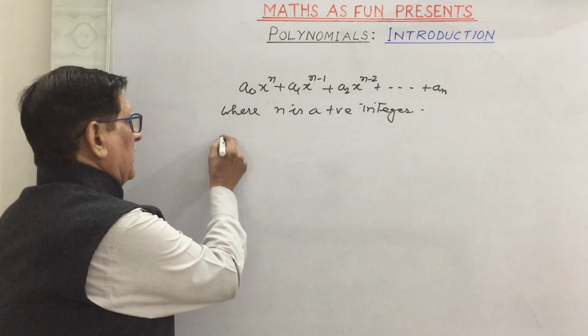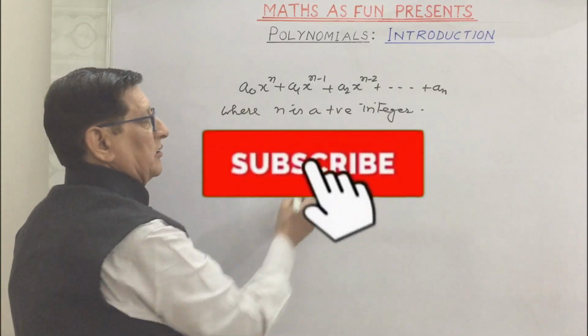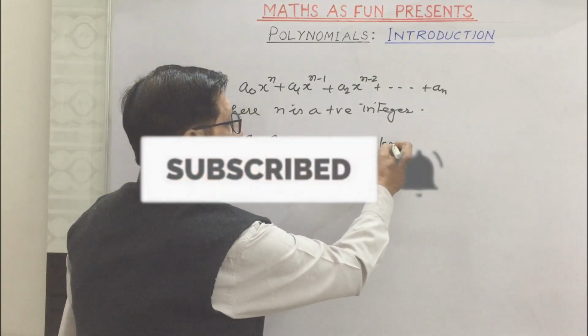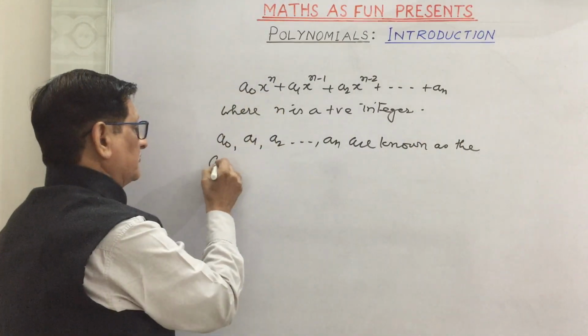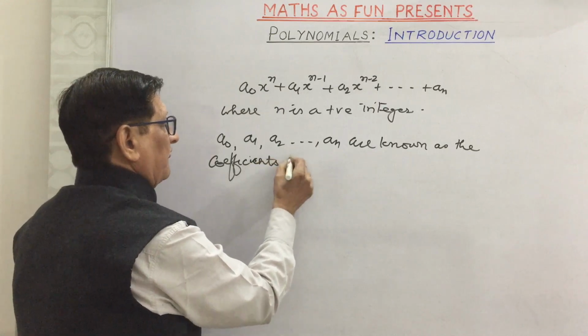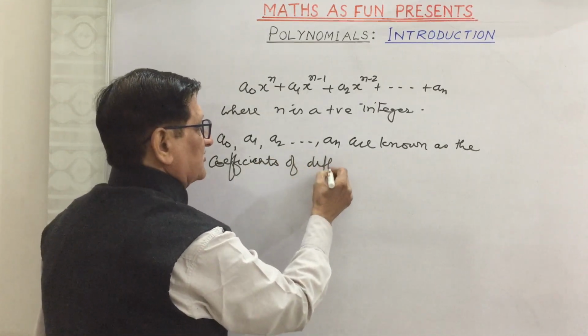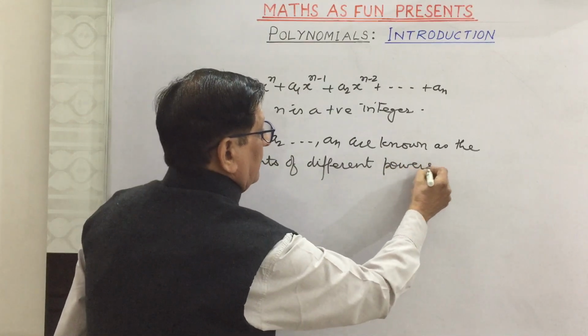Here a0, a1, a2, an are known as the coefficients of different powers of x.